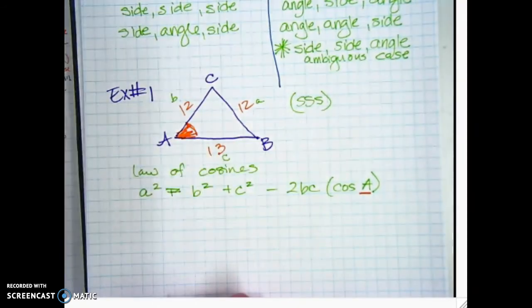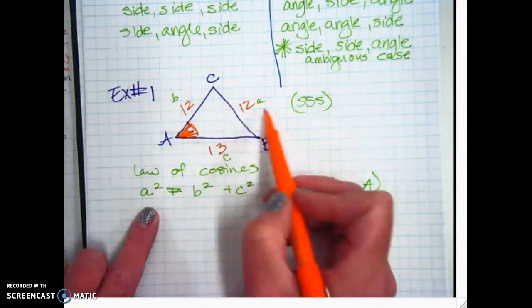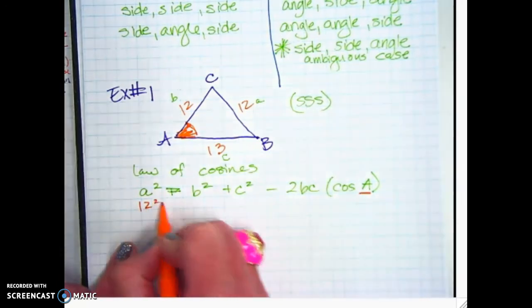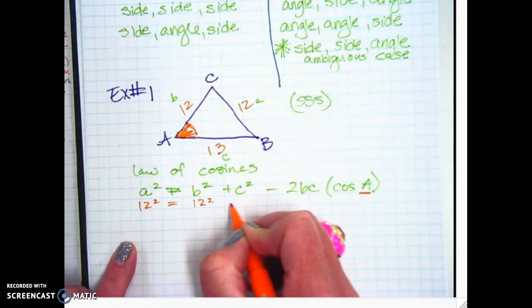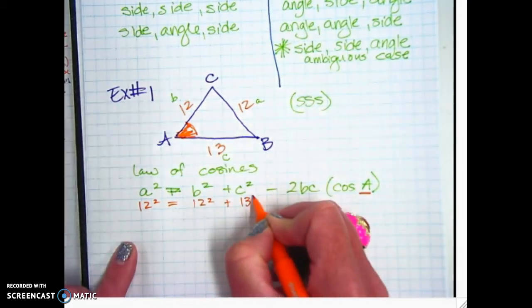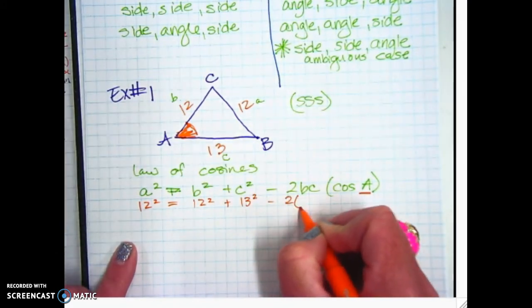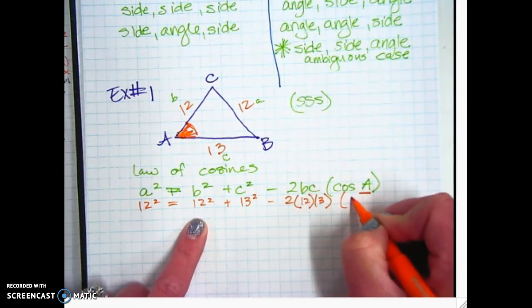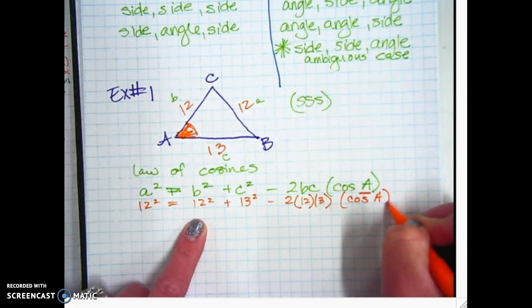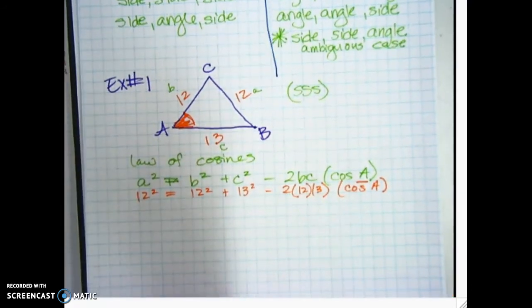All right. So let's plug in what we've got. A squared. So we're going to plug in 12 and square it. B squared. So plug in 12 and square it. Plug in 13 and square it. So minus 2 times 12 times 13 times the cosine of A. Cosine of A is obviously what we want to solve for.